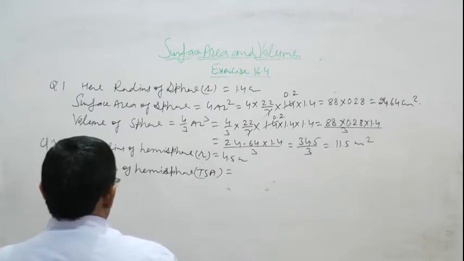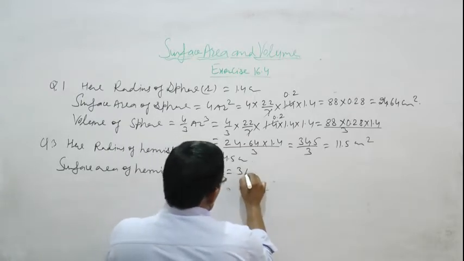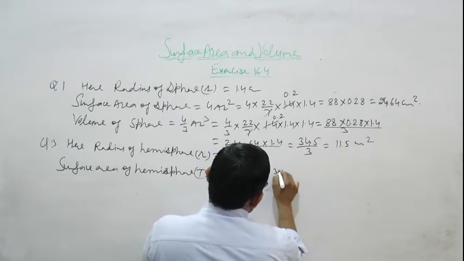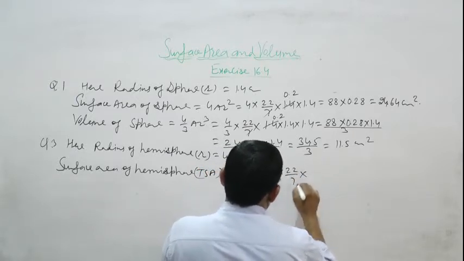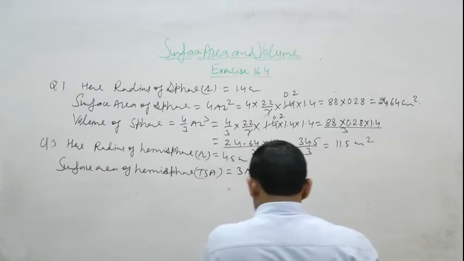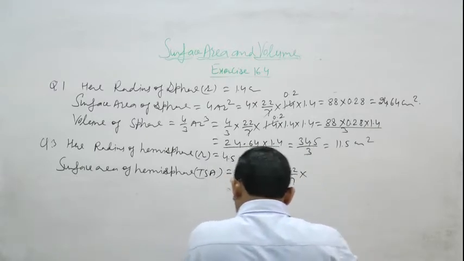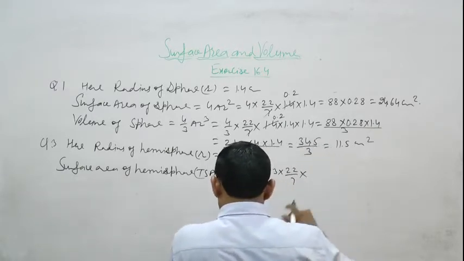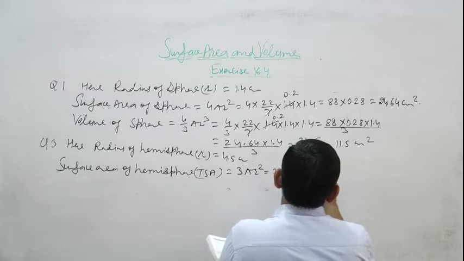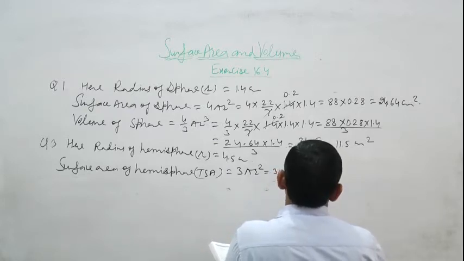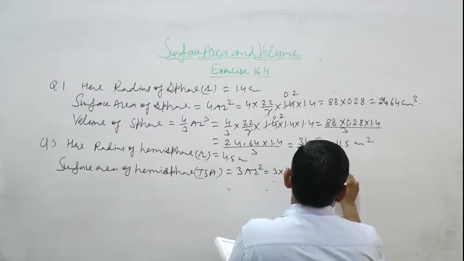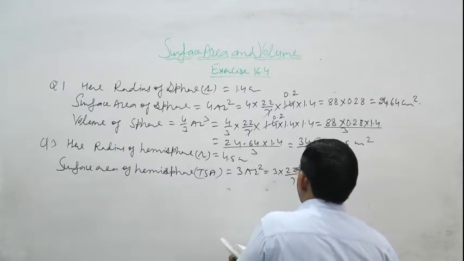The surface area of a hemisphere is 3 pi r square, which is equal to 3 into 22 upon 7 into the radius. The radius is 4.5, so 4.5 multiplied by 4.5.